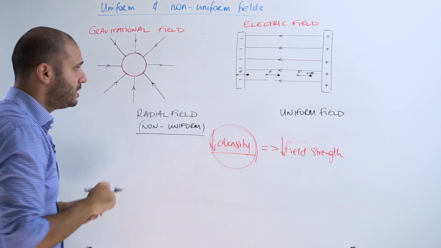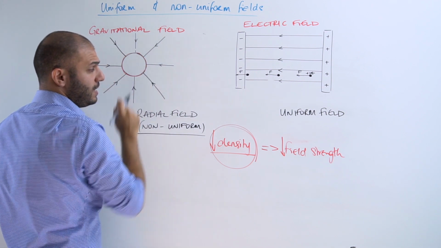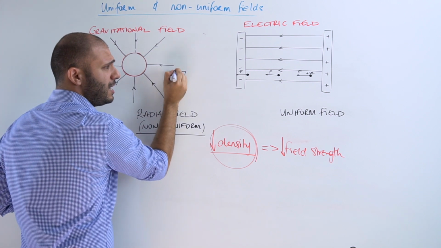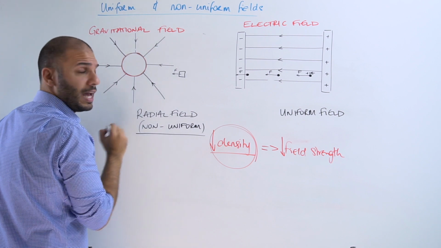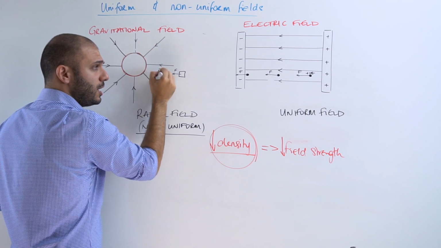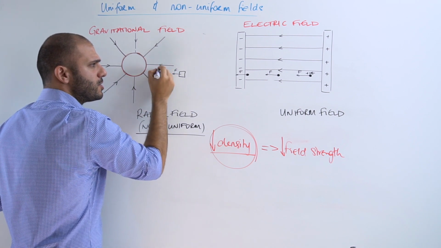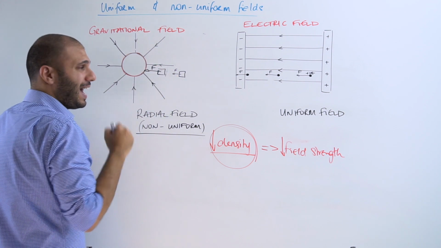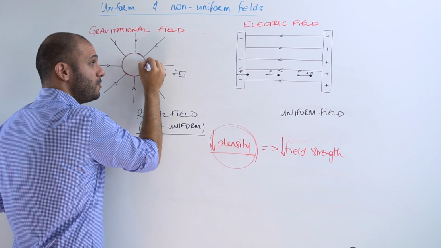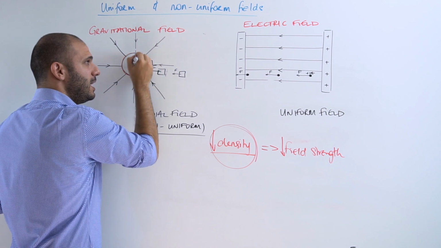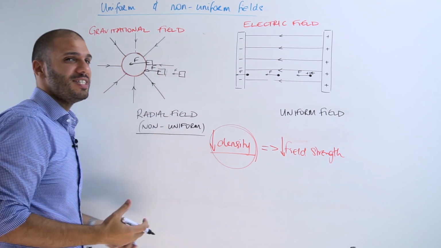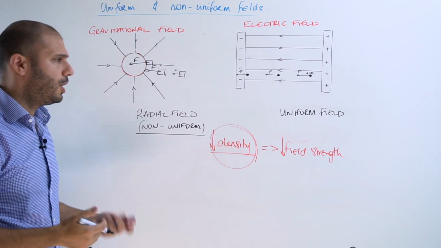And that is very different from what happens with radial fields, where a mass here experiences a relatively small force. As it gets closer, that same mass experiences a relatively larger force, and it will experience the largest force just before it hits the ground. So the force is constantly increasing as it moves towards Earth.